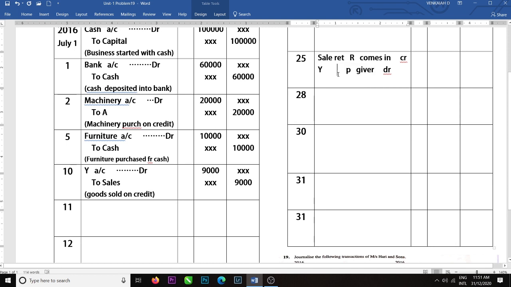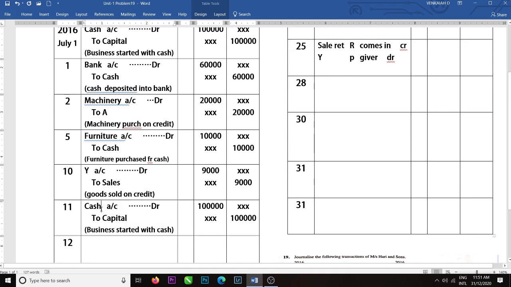Suppose you purchased goods from Amazon and are returning them: for Amazon it is sales returns, for you it is a purchase. So the giver is credited and the goods are debited.